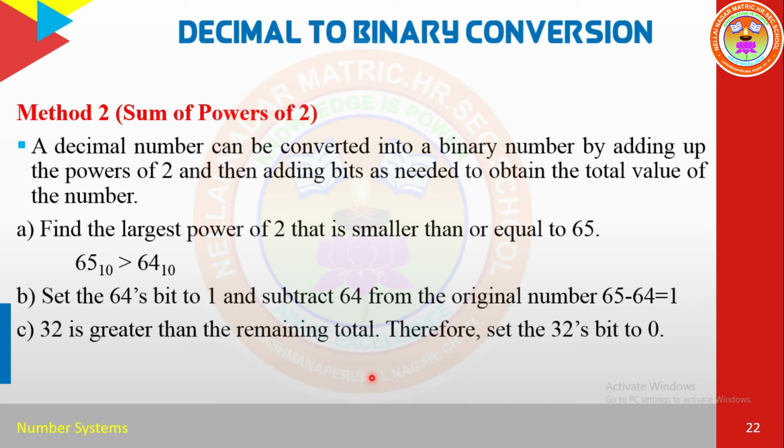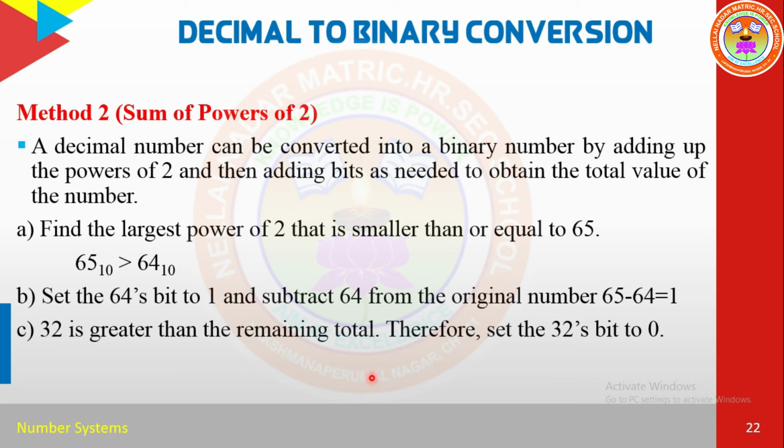Now we want to identify, up to 65, which one is the largest power value from the options 2 power 0, 2 power 1, 2 power 2. Find the largest power of 2 that is smaller than or equal to 65.